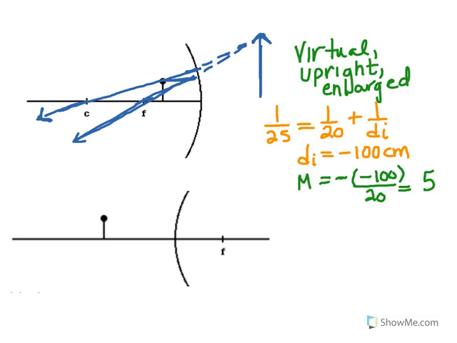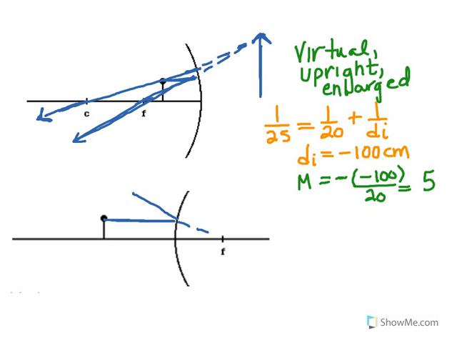All right, and the very last case that we're going to take is the convex mirror. Now the nice thing about the convex mirror is there's only one ray diagram, no matter where you place the object. So I'm going to do my parallel ray that hits the mirror, but since it's a diverging mirror, essentially, what's going to happen, instead of the rays focusing on the left, it's actually going to diverge and spread apart.